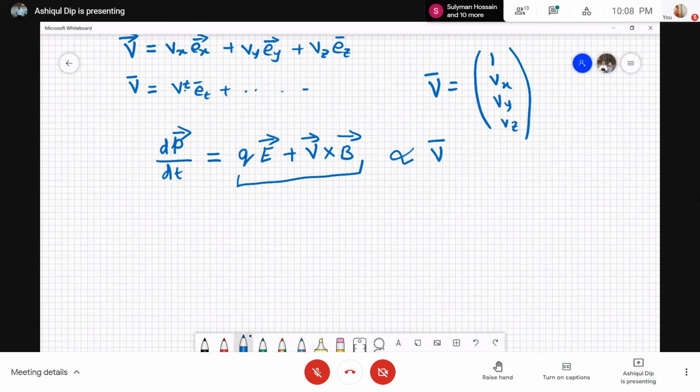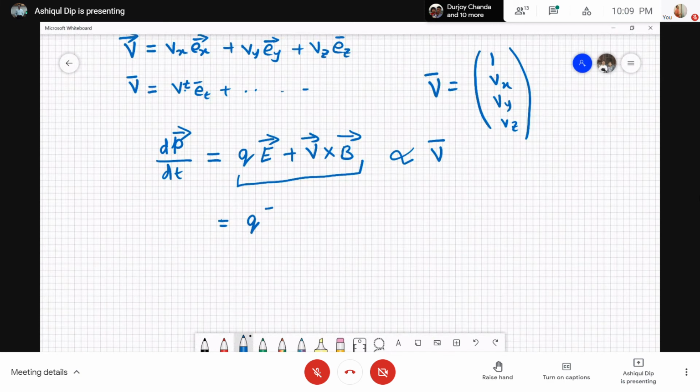Also, we have a term that's just E. So we can write that term also as linear in V, with the leading component, the zeroth component, being approximately 1. That's why we could write like this.